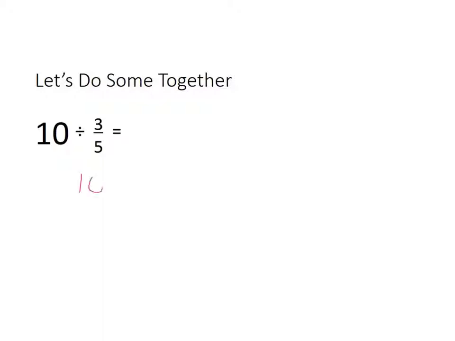First step, change the whole number into a fraction. Second step, change the division into a multiplication. Third step, write the reciprocal of the second fraction, and then multiply. 10 times 5 is 50. 1 times 3 is 3. Then reduce 50 over 3.